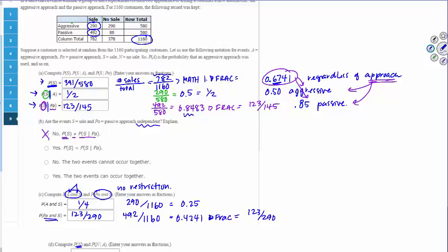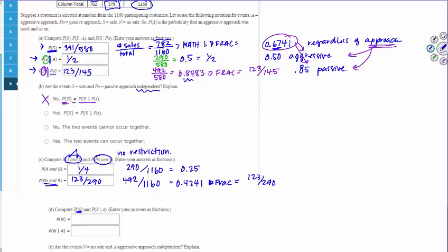There were 378 under either approach that did not buy anything. 378 out of 1,160 customers is 0.3259, or as a fraction, 189 out of 580.